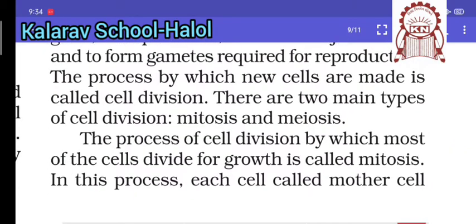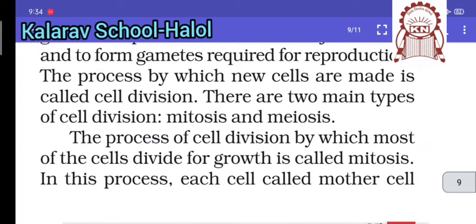Mitosis is the process of cell division by which most cells divide for growth. Note the point: the cell division that occurs for the growth of the organism is called mitosis.